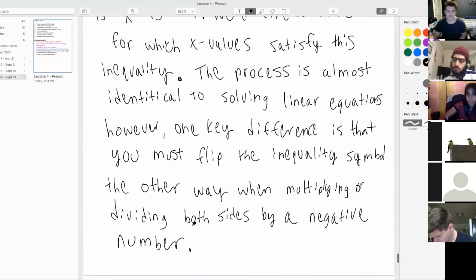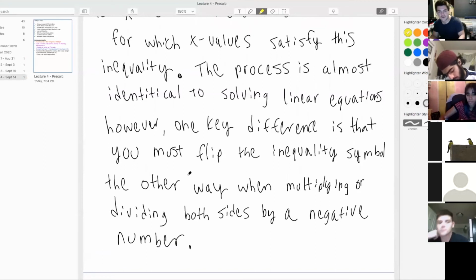Sorry, it's a lot of writing. Okay, so that's the key difference that we need to be careful with. So let me just highlight that.